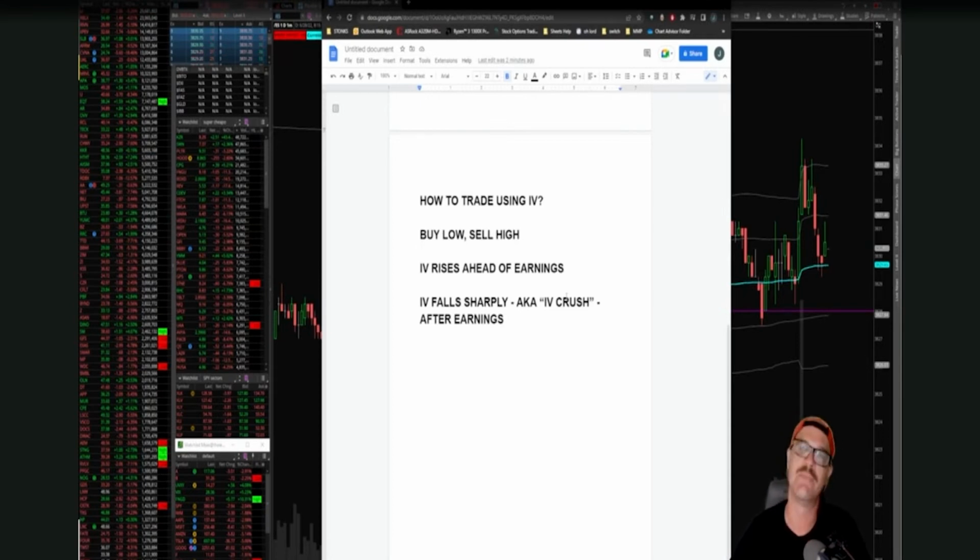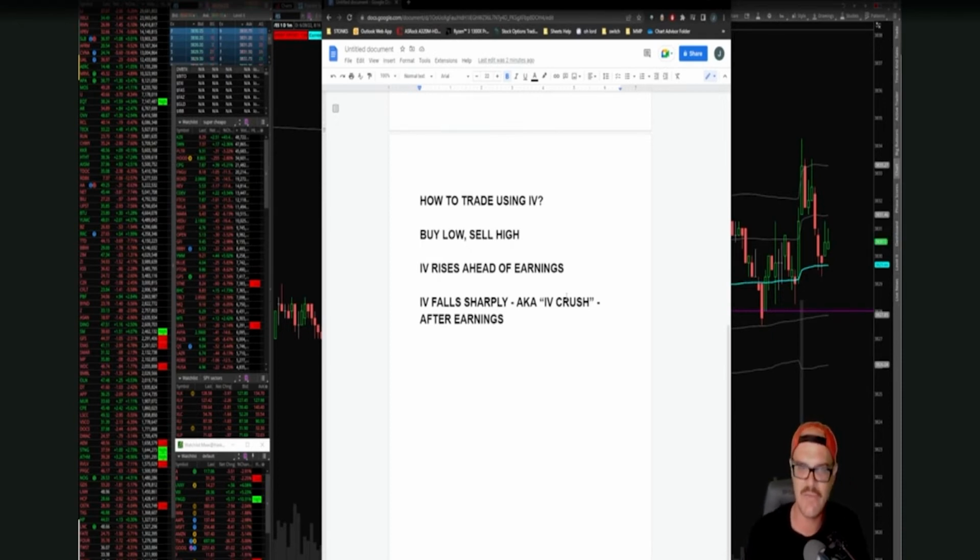Which sounds simple, but I'm not talking about necessarily stocks here or options themselves, which of course is an avenue to success of buying low and selling high. But when we're talking about implied volatility, you can try to capture the increase or decrease of implied volatility.